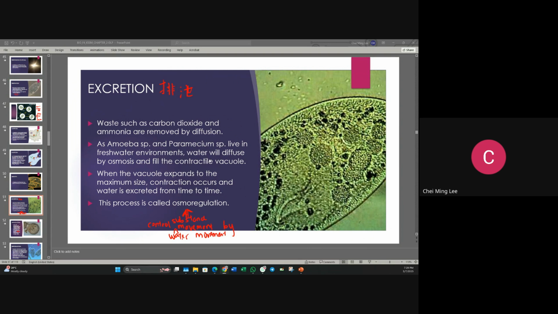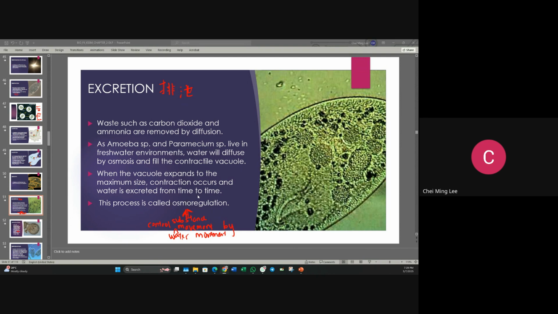And then it will fill the contractile vacuole. Contractile vacuole means that the vacuole will compress after some time. When it compresses, it's like a sponge. After you press, the water will go out. So when the vacuole expands to the maximum size, contraction occurs and the water will be excreted from time to time.